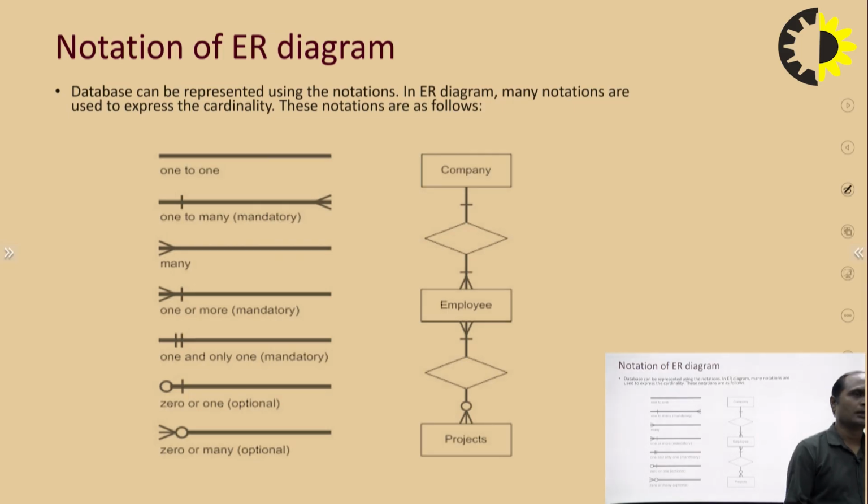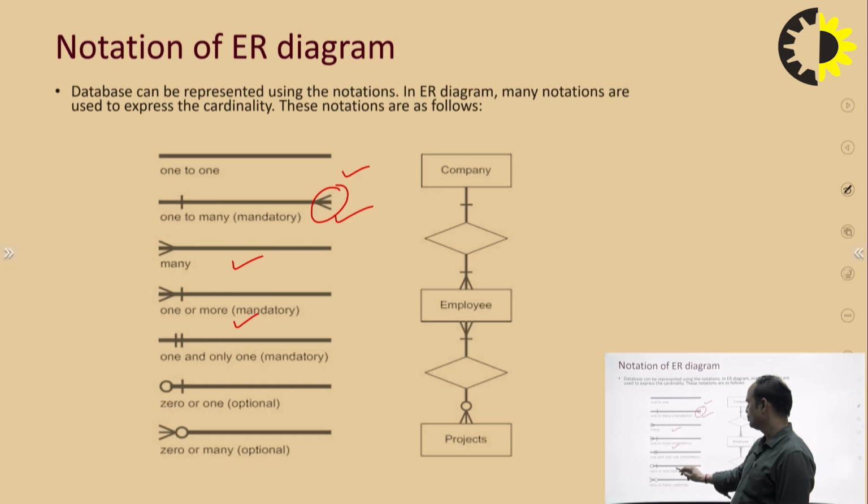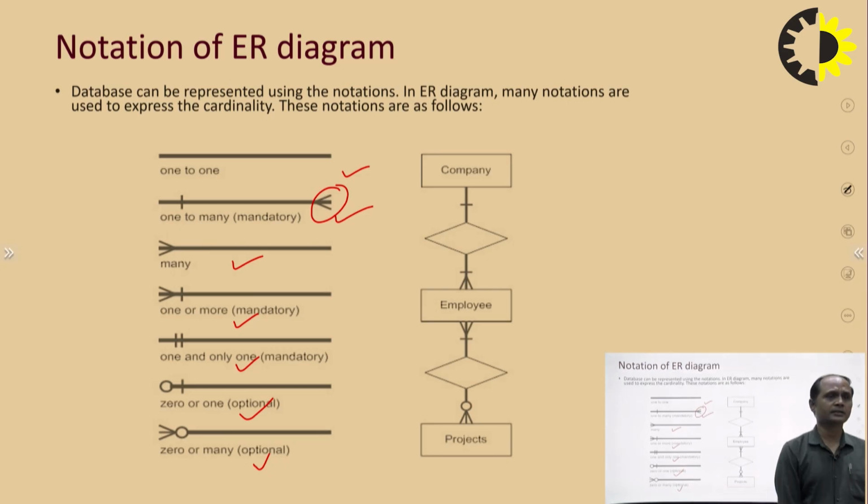These are some symbols that can be used in a particular ER diagram. The basic notations are clear, but there are some notations in relationships. One to one is shown by a simple line, and one to many we can draw like this.